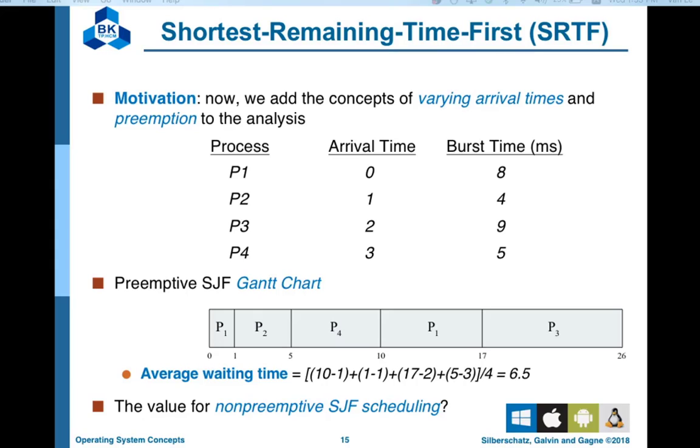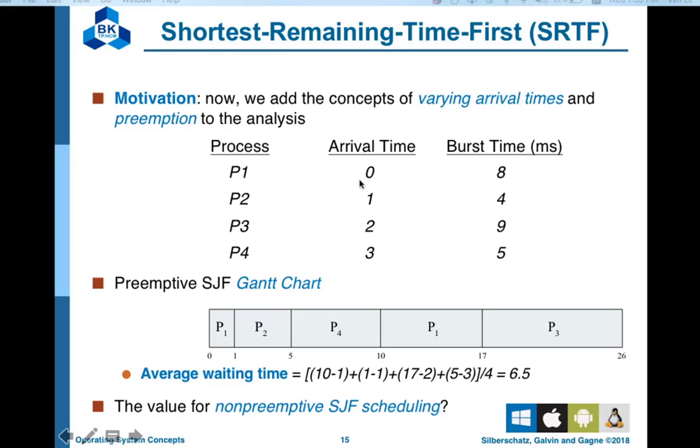In the shortest remaining time first algorithm, the motivation is the same as shortest job first, but this is the preemptive version of scheduling. To illustrate this, we use the arrival time here. That is the time that the process appears in the ready queue.